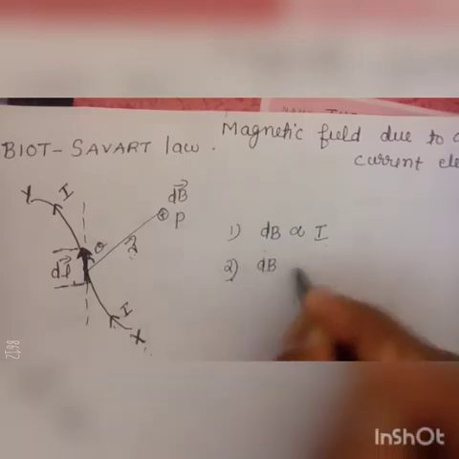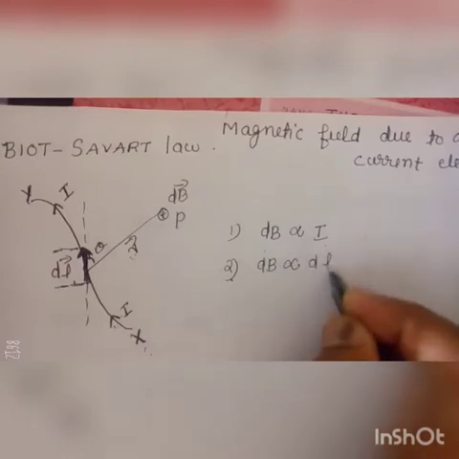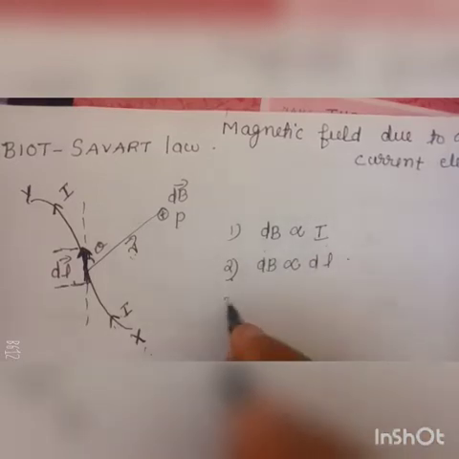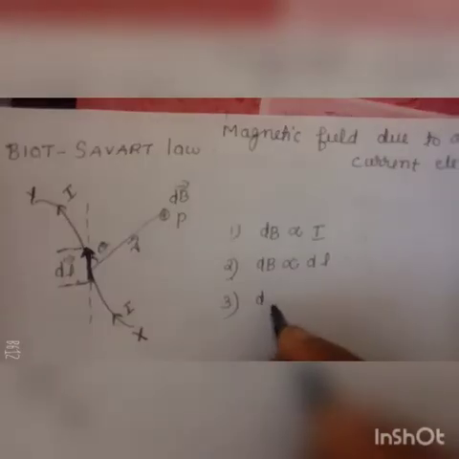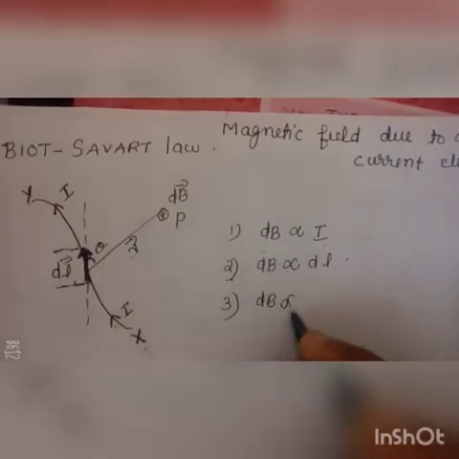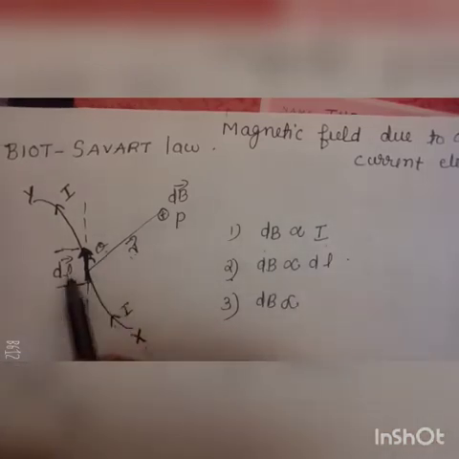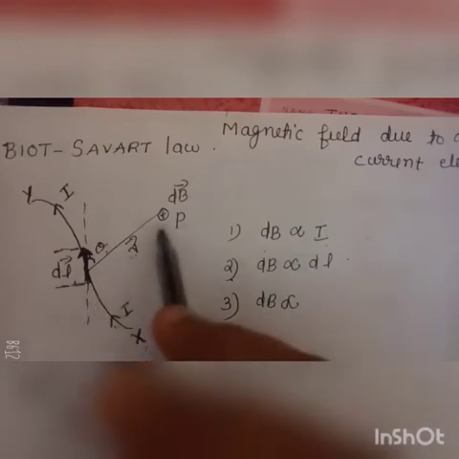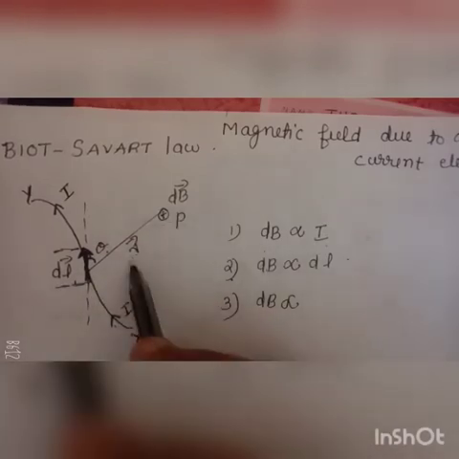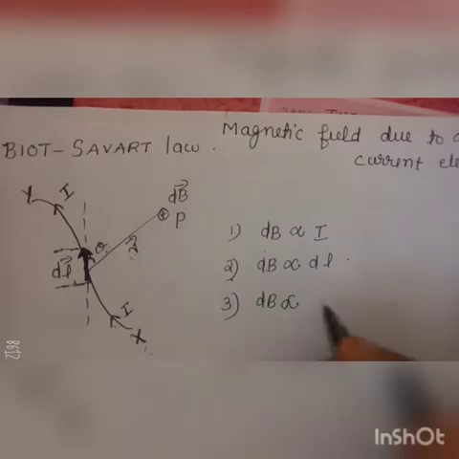Third, dB is directly proportional to the sine of the angle theta between the current element and the line joining the element to the point, that means the position vector r. So dB is proportional to sine theta.